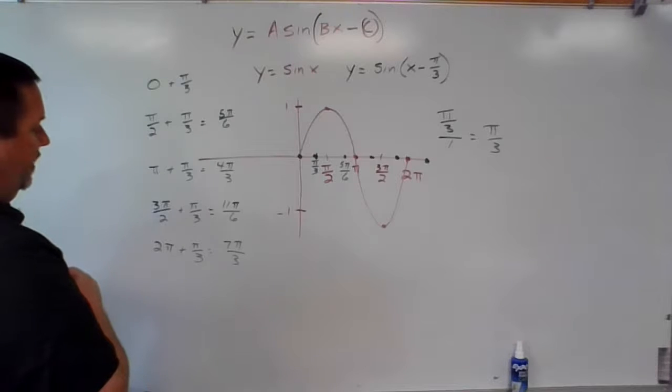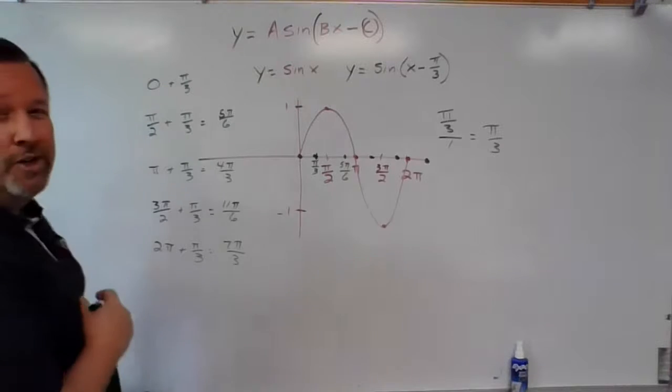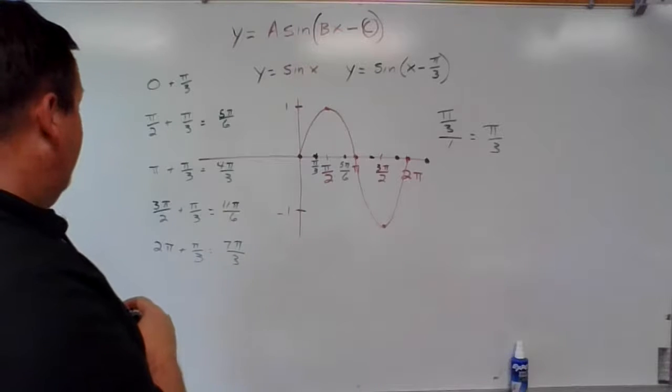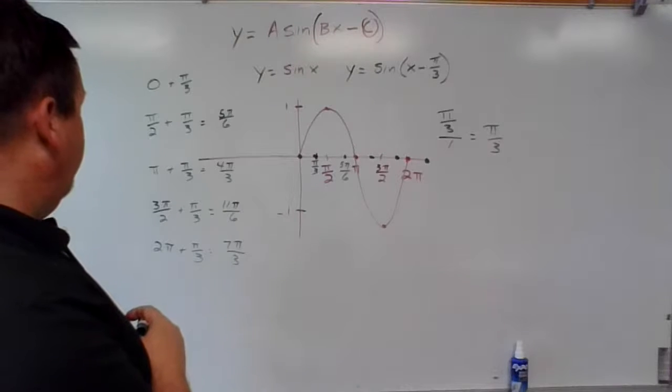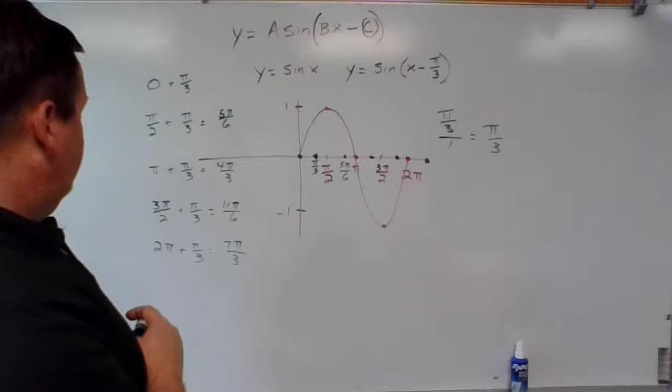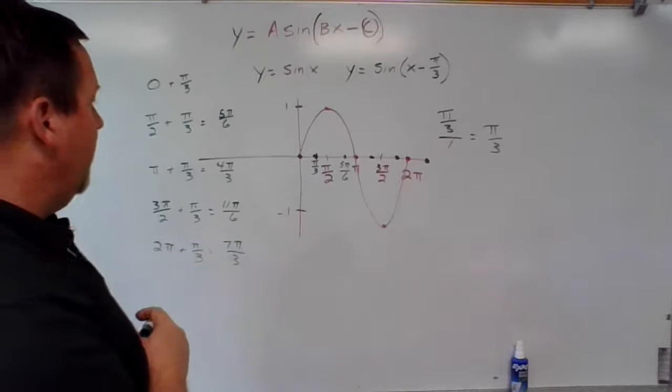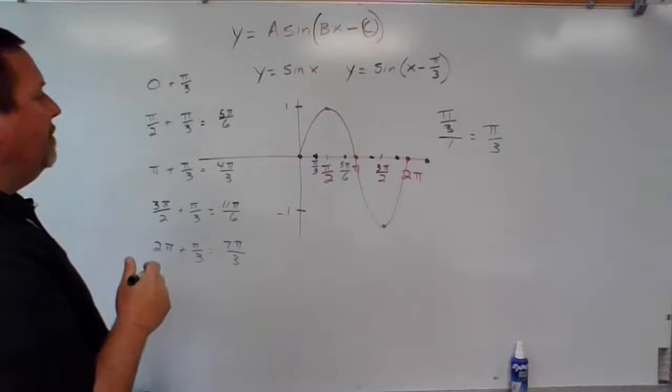All right. I did try to do my math really quick, and you guys can try to catch me with any mistake, but 6 pi over 3 plus pi over 3, 7 pi over 3. I think I got them all correct.